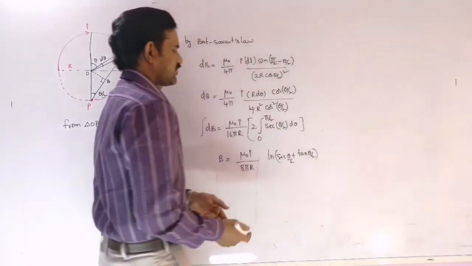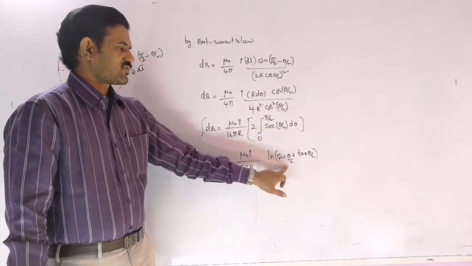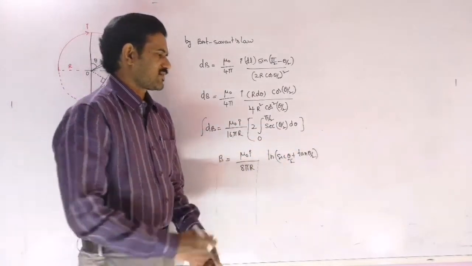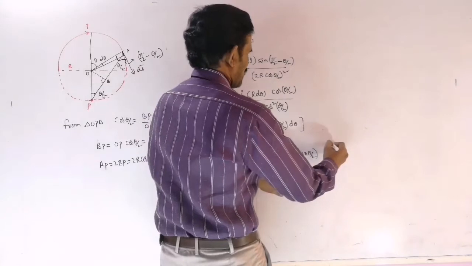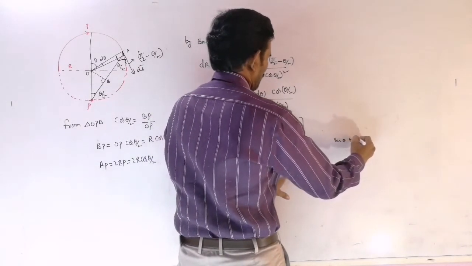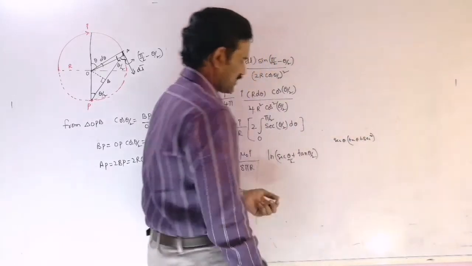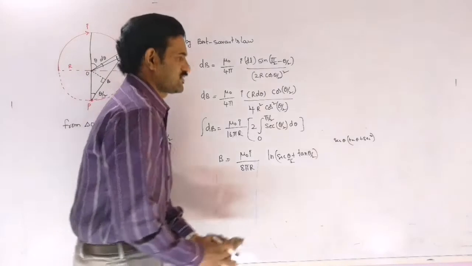If you differentiate this, you will get 1 by secant theta plus tan theta, and then the derivative of secant theta plus tan theta is secant theta into tan theta plus secant square theta. So one secant theta you can cancel. So that will be the integration of that, right?